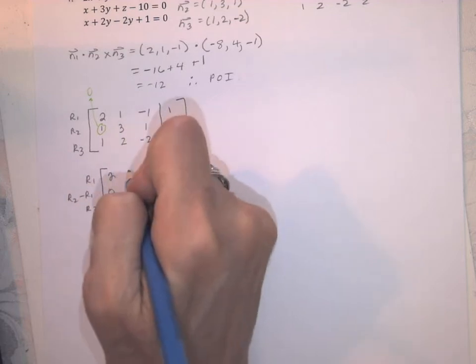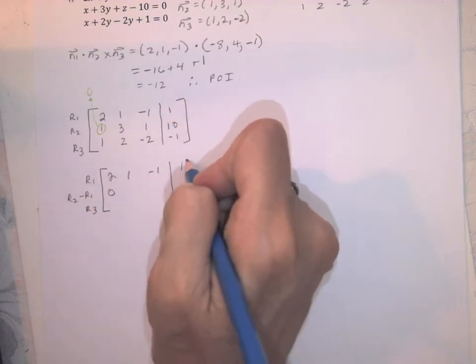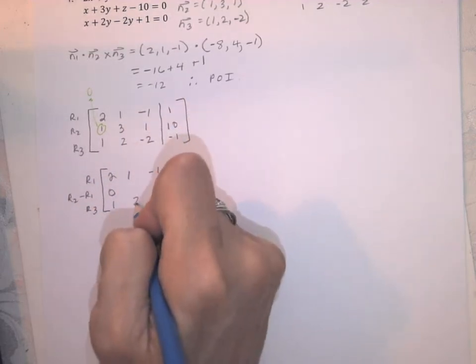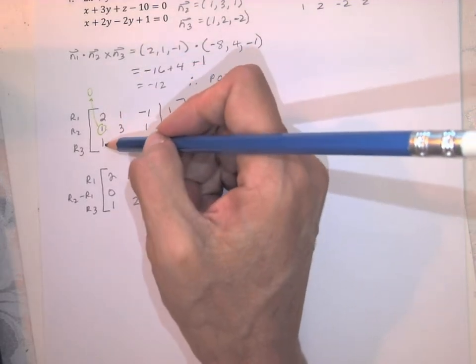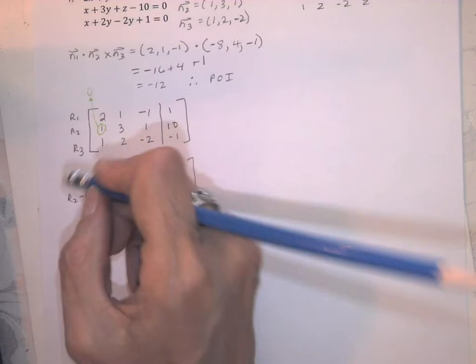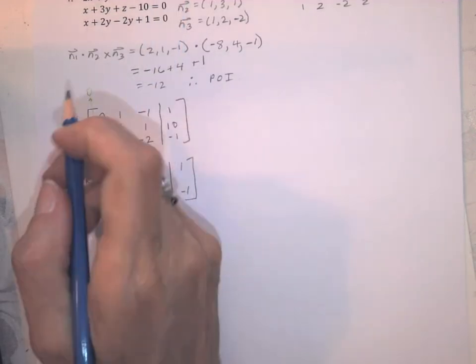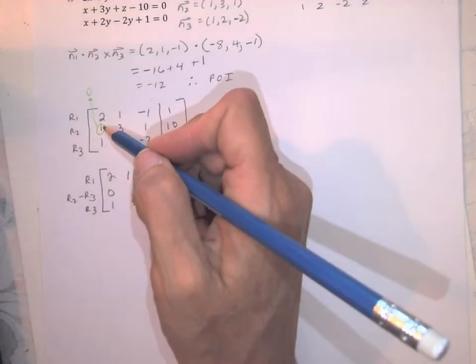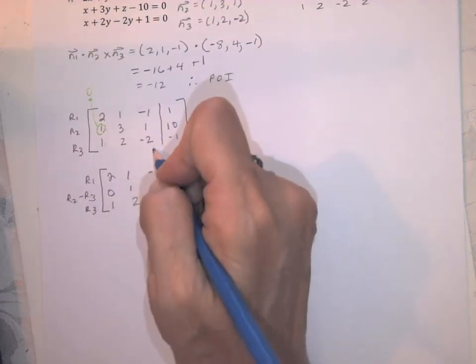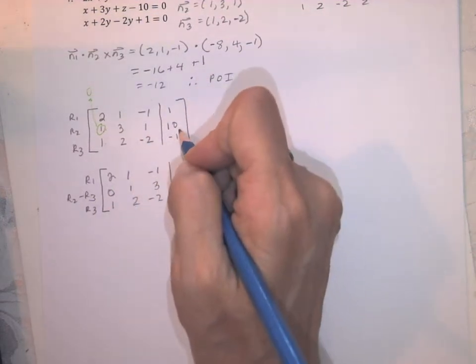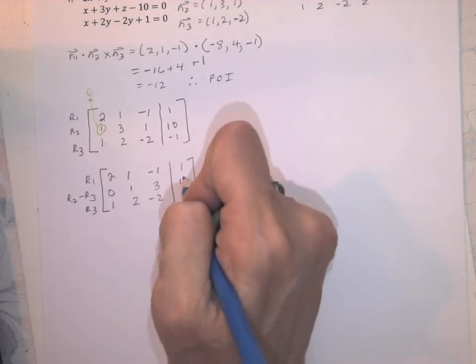Sorry, I'm going to keep the other rows the same. So 1 minus 1 is, sorry, this is row 2 minus row 3, my bad. 1 minus 1 is 0, 1 minus 1 is 0, 3 minus 2 is 1, 1 minus -2 is 3, and 10 minus -1 is 11.